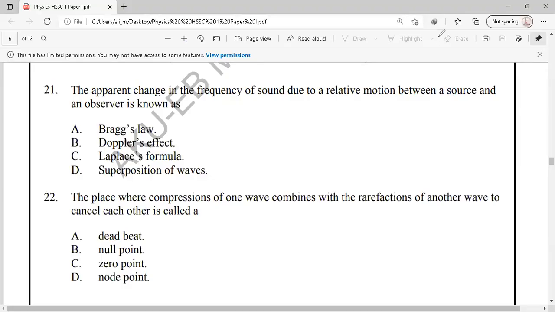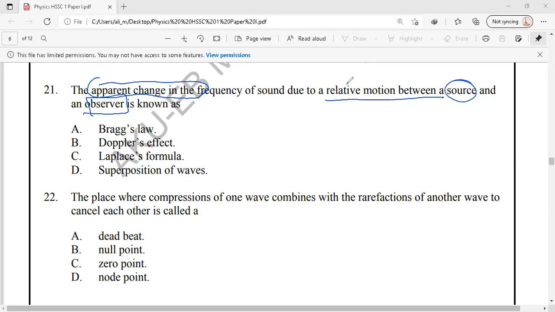Then we have question number 21: the apparent change in the frequency of sound due to relative motion between the source and the observer. What is this phenomenon known as?